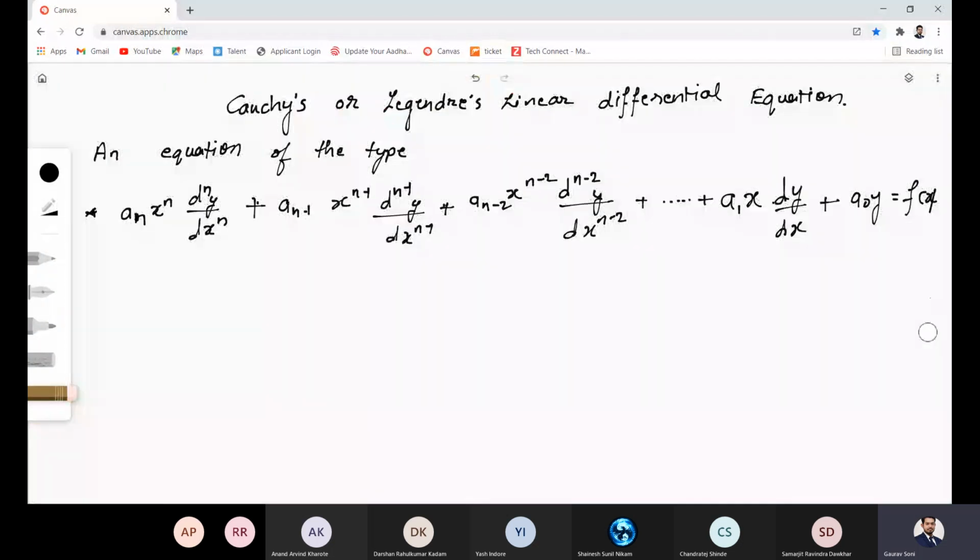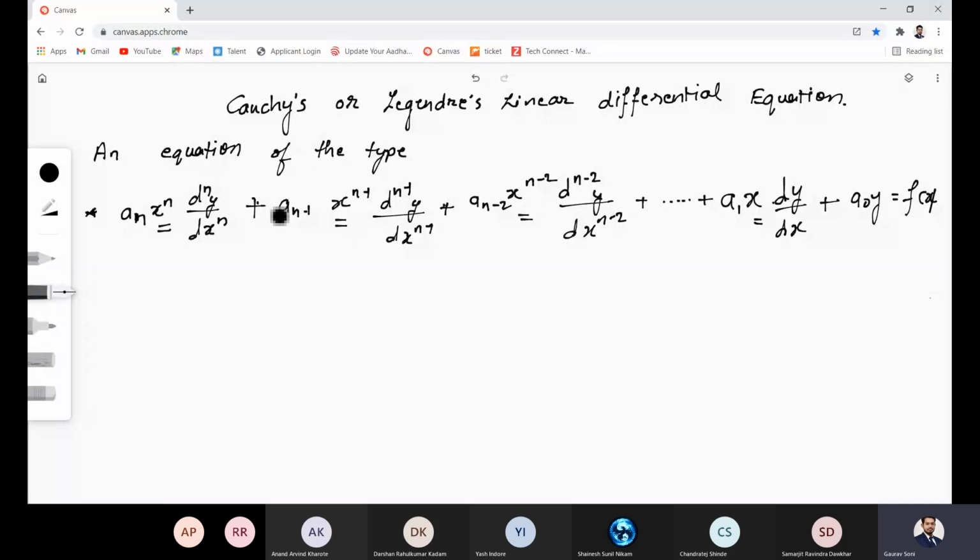In this, Cauchy and Legendre, it is still not generalized. These are of the type where the coefficients are not constant. Those are variables here, and it is not an arbitrary variable. It is of the form x raised to n, x raised to n minus 1, and so on.